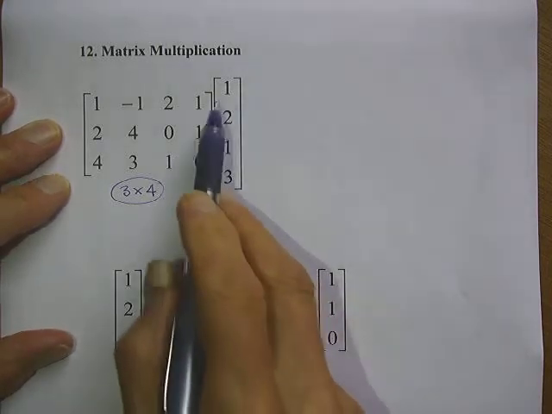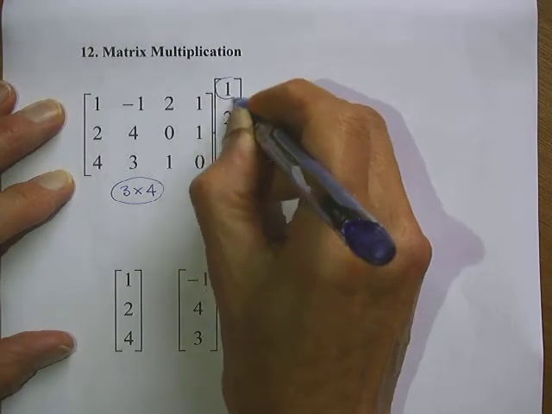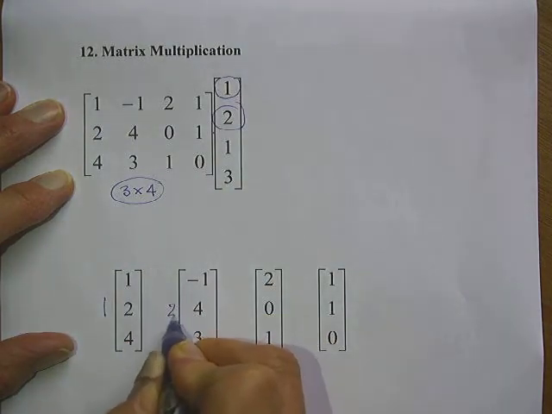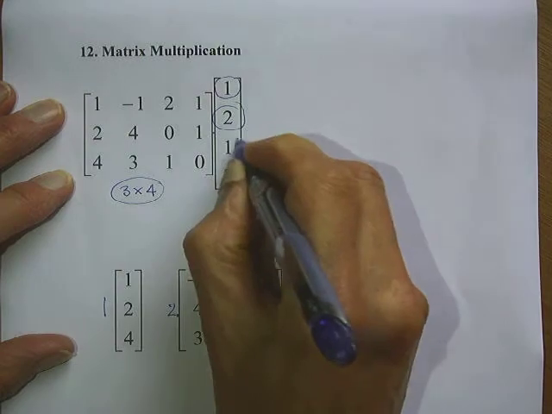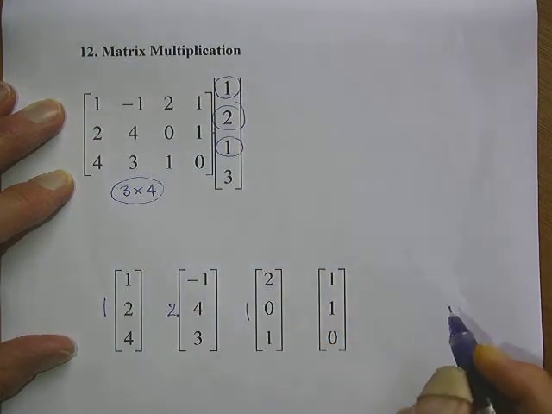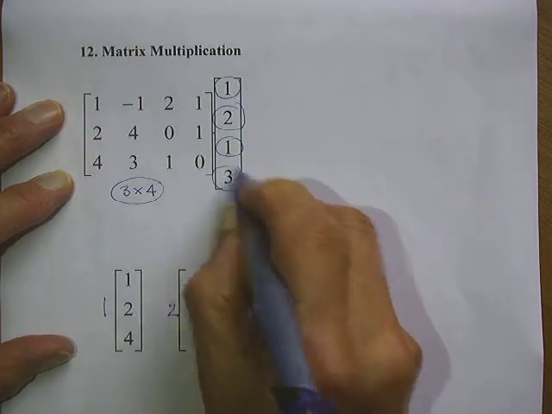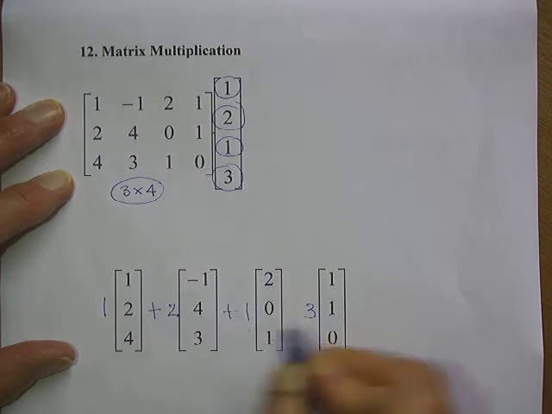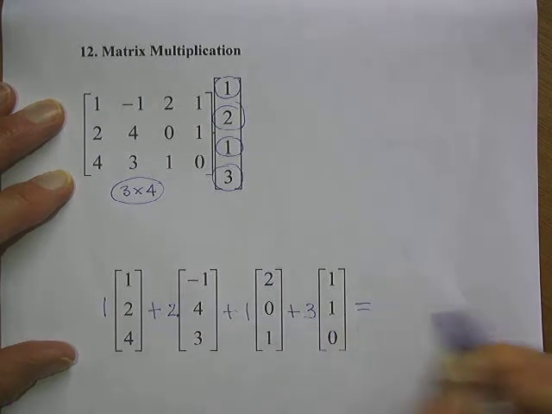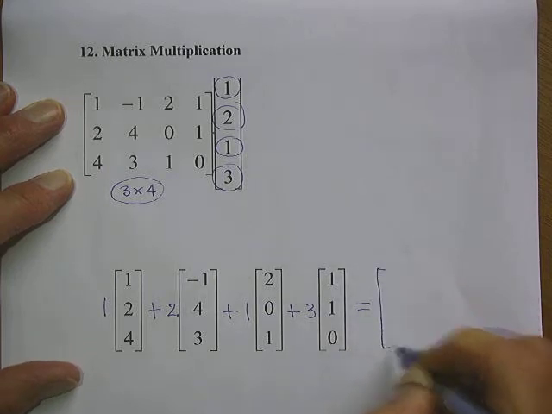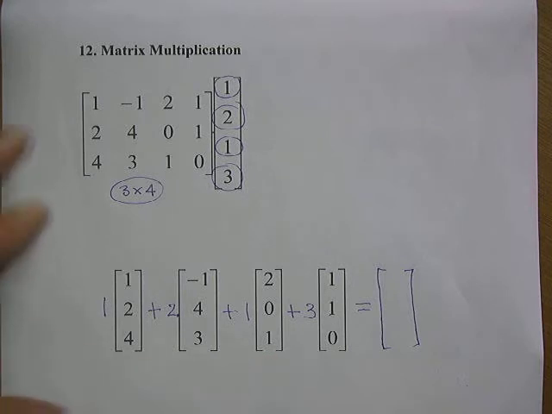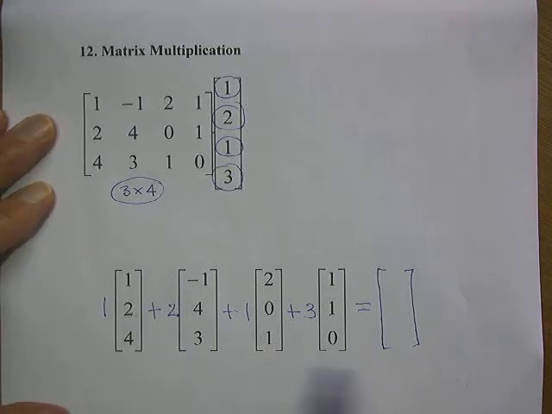This product is the linear combination of them where the first one is multiplied by 1, the second one is multiplied by 2, the third one is multiplied by 1, and the fourth one is multiplied by 3, and then you add them up. That's a linear combination of the columns, and then what that will be is a 3 vector, because these are all 3 vectors.